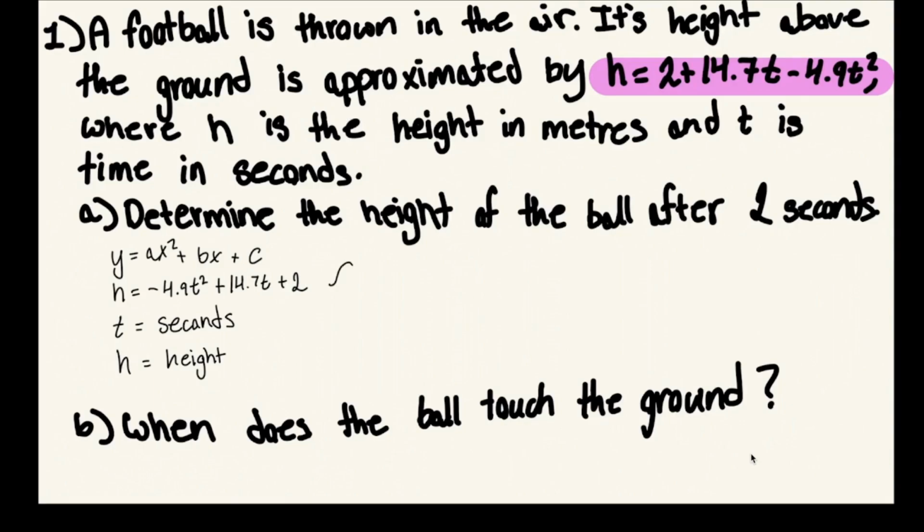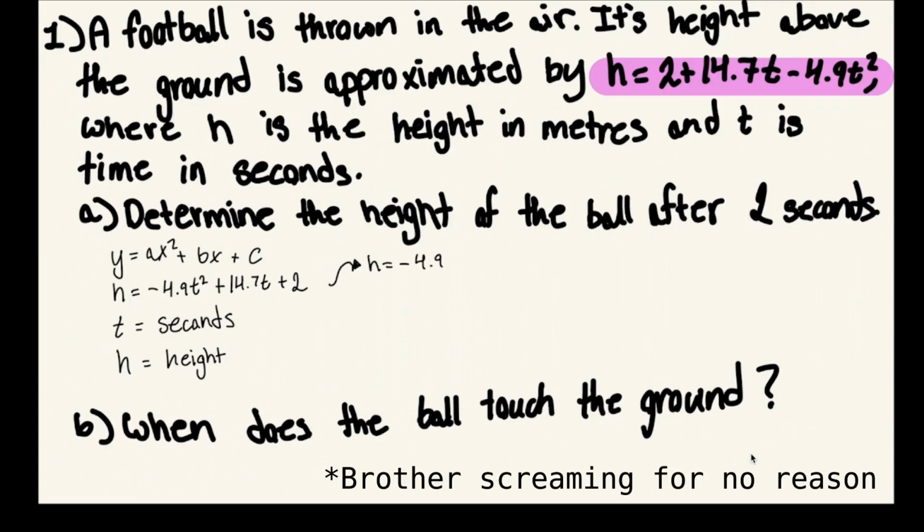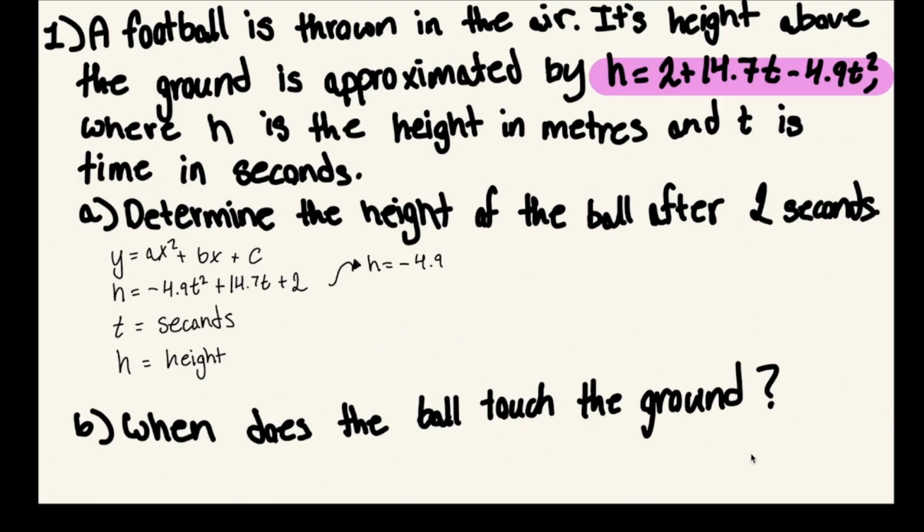It would look like this: h equals negative 4.9 times 2 squared plus 14.7 times 2 plus 2.